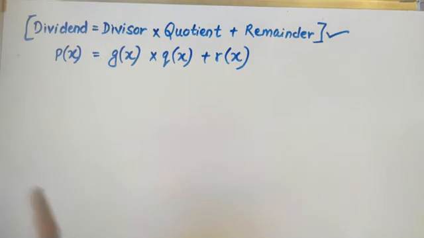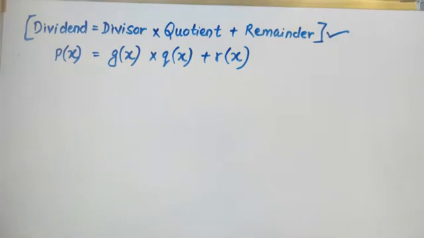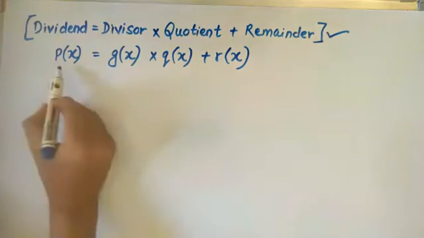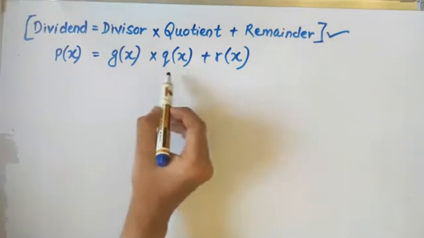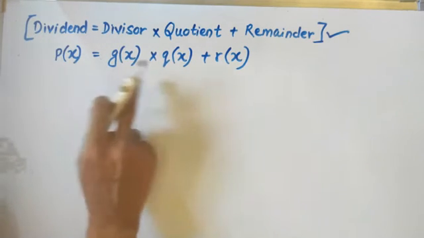Sometimes a question is given, for example, in this format, when someone says divide p of x by g of x. So you must understand what is p of x, what is g of x, what is q of x, and what is r of x. This is dividend, this is divisor, this is quotient, and this is remainder. In polynomial expression terms, these are written as this.